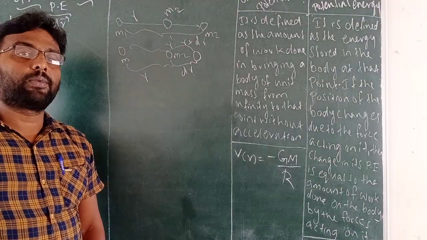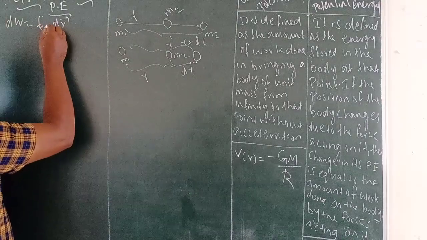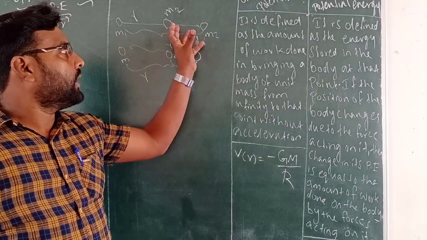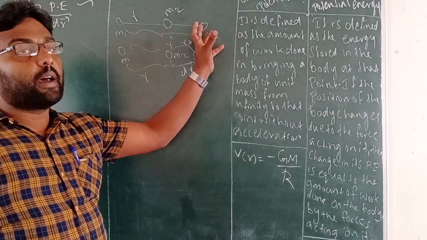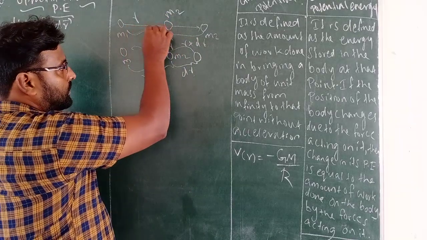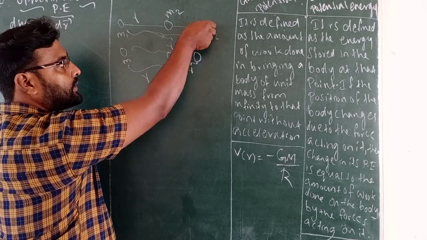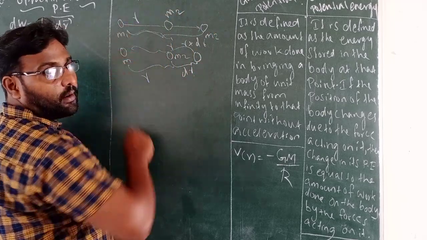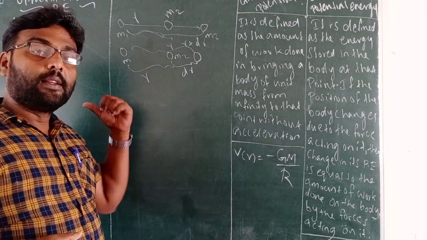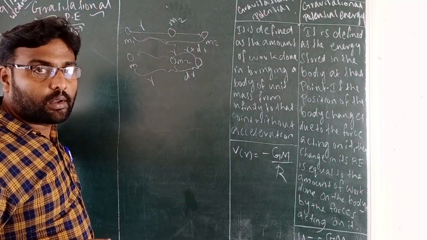Here F is the external force, because we are using an external force to bring this mass M2 from R dash to R. From this distance R dash, we are bringing this mass M2 to the distance R. So dW is equal to F external dot dr.